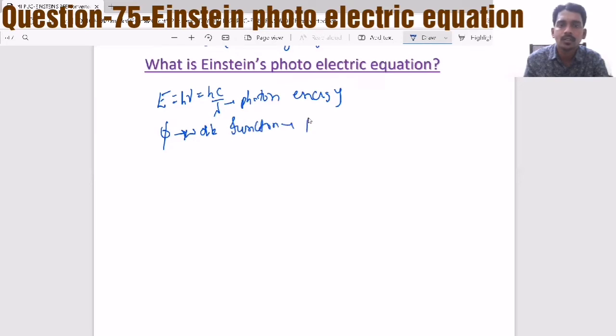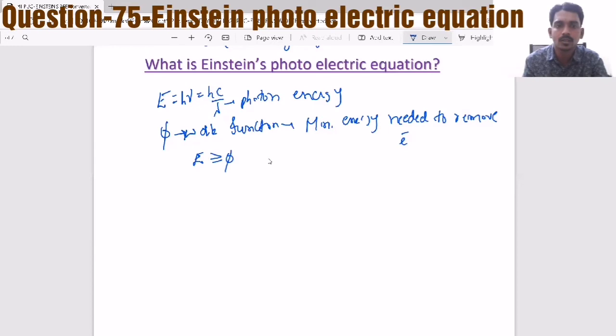Work function means the minimum energy needed to remove an electron. So you must give photon energy greater than or equal to phi. And if it is more than that, then the excess will be given to the electron in the form of kinetic energy K maximum.